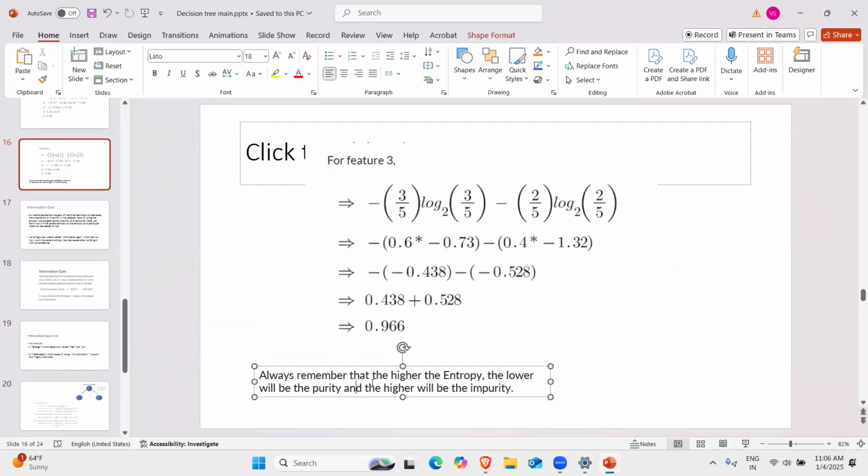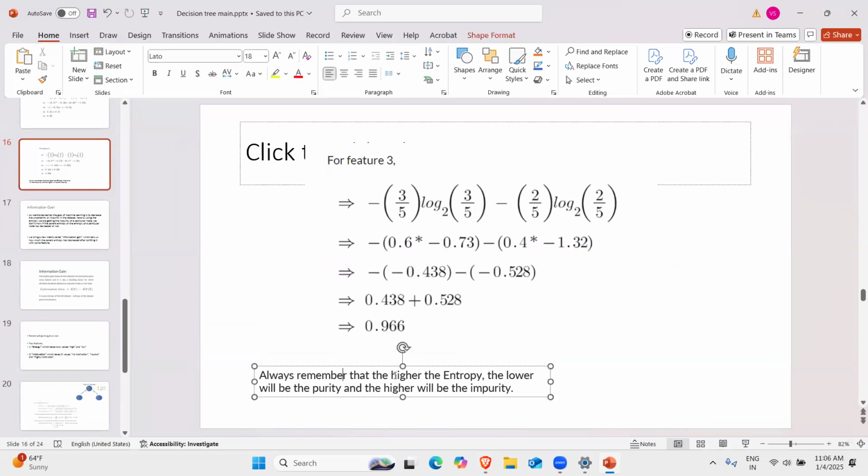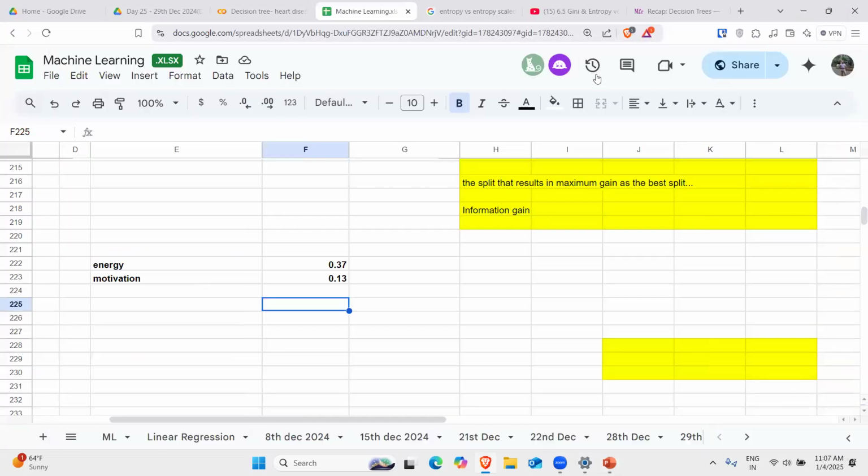But when you are considering only entropy, it is not the change in the entropy. This is only the entropy. What do you mean by entropy? It's an impurity. So always remember, higher the entropy... in this case, let's take two guys, one is 100 kg, another one is, let's say, 85 kg. Let's say these are the entropy values for you.